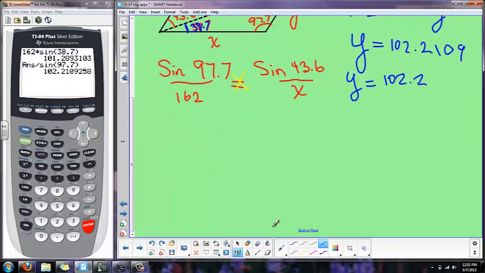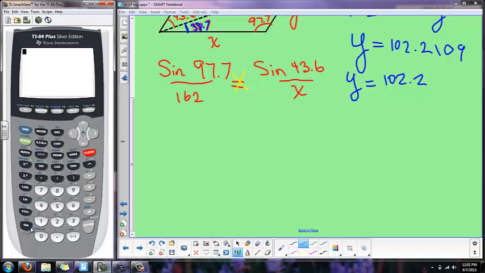Let's figure out what x is equal to. I'm going to cross multiply again. So this time, 162 times sine of 43.6. Hit enter, and then I'm going to divide by the sine of 97.7. Hit enter.